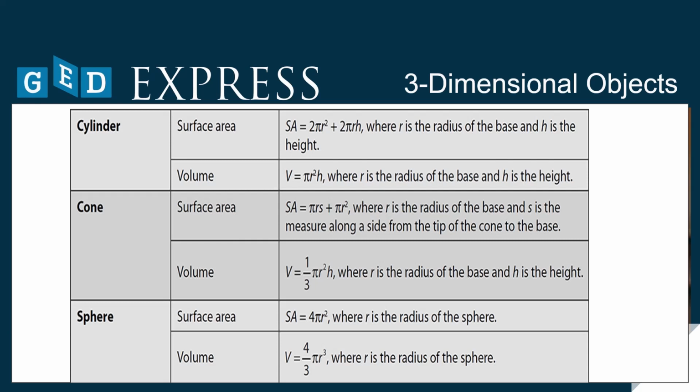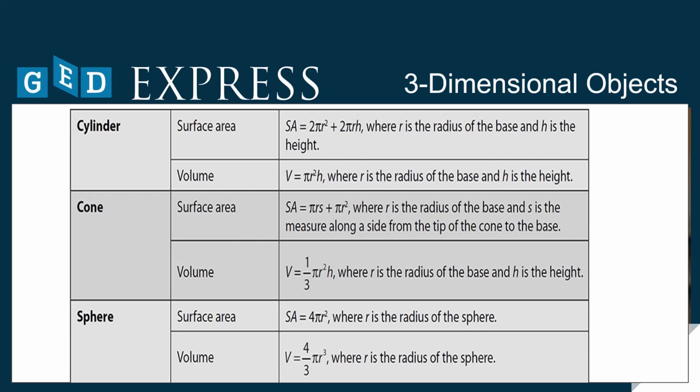Surface area, SA, is equal to 2 pi r squared plus 2 pi r h. r is the radius, h is the height. For volume, V is equal to pi r squared h. r is the radius, h is the height.